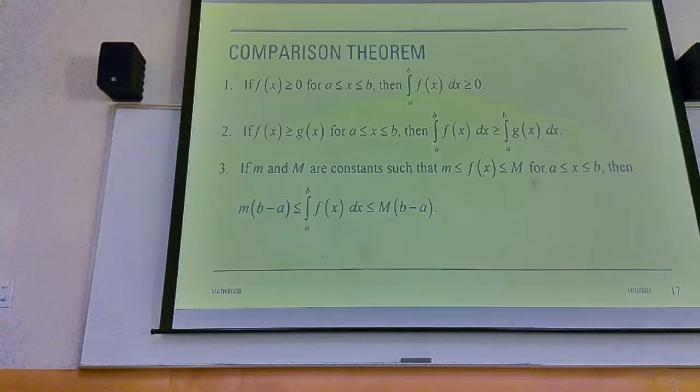Little m is your lower bound, capital M is your upper bound. Then, little m times b minus a, little m times the length of your interval, is less than or equal to the integral, which is less than or equal to capital M times the length.